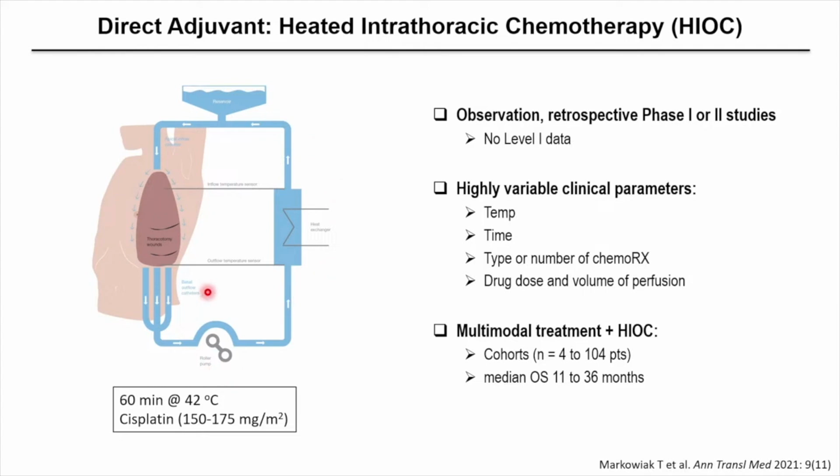The idea here is that exposure of the cancer and the chest cavity directly to higher concentrations of the anti-cancer drug may have some beneficial effect in killing off whatever else the surgeon could not see and remove during the surgery.